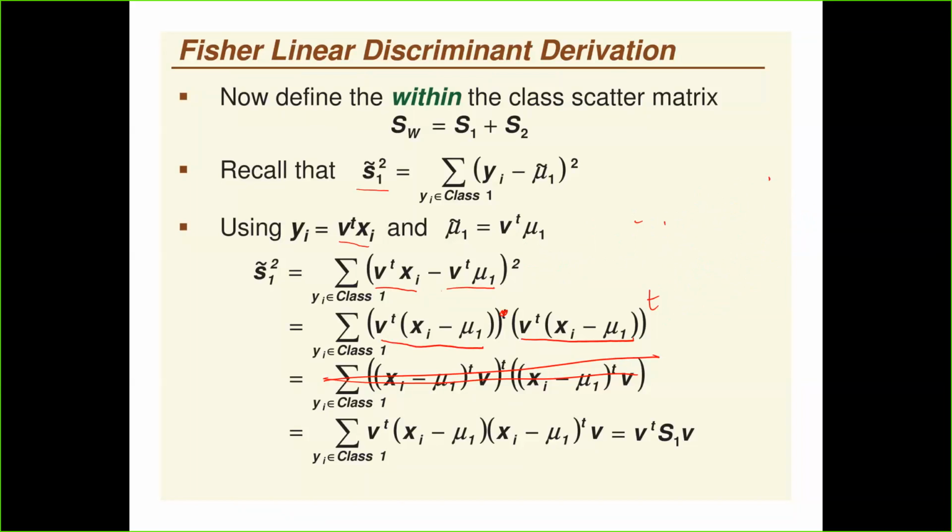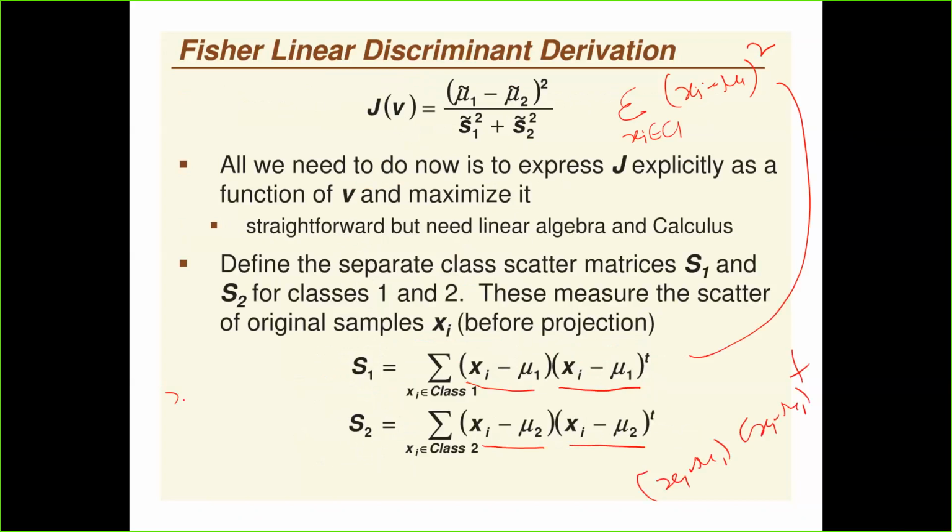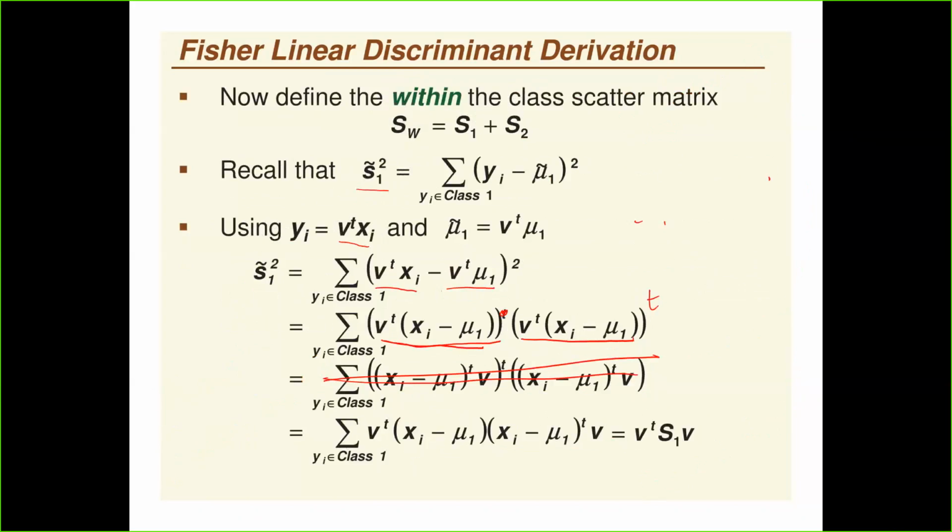Splitting them and writing in a square, isn't it, sir? Yes. So we're just writing it in a different notation, like the way we have written here. Xi minus mu1 bar whole square is equivalent to Xi minus mu1 times Xi minus mu1 transpose in a vectorized notation. So similarly, we are writing the same thing here also: V transpose Xi minus V transpose mu1 times V transpose Xi minus V transpose mu1 transpose.